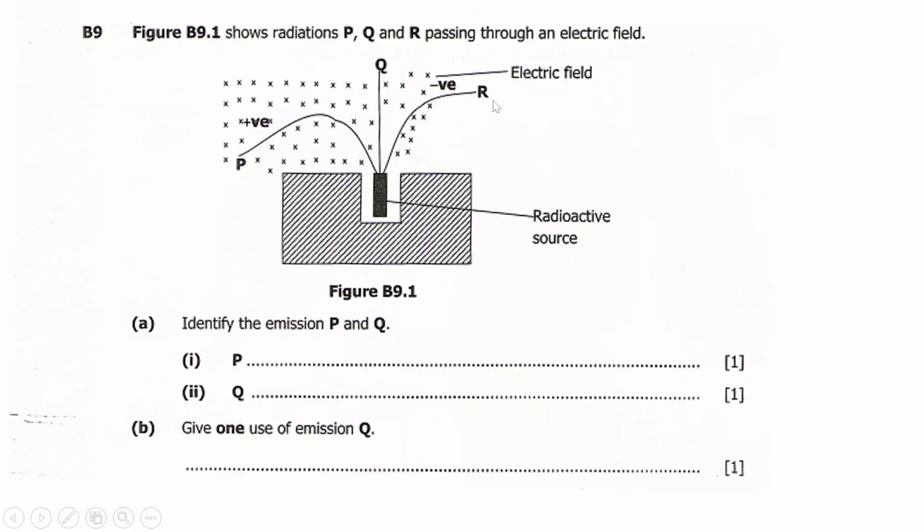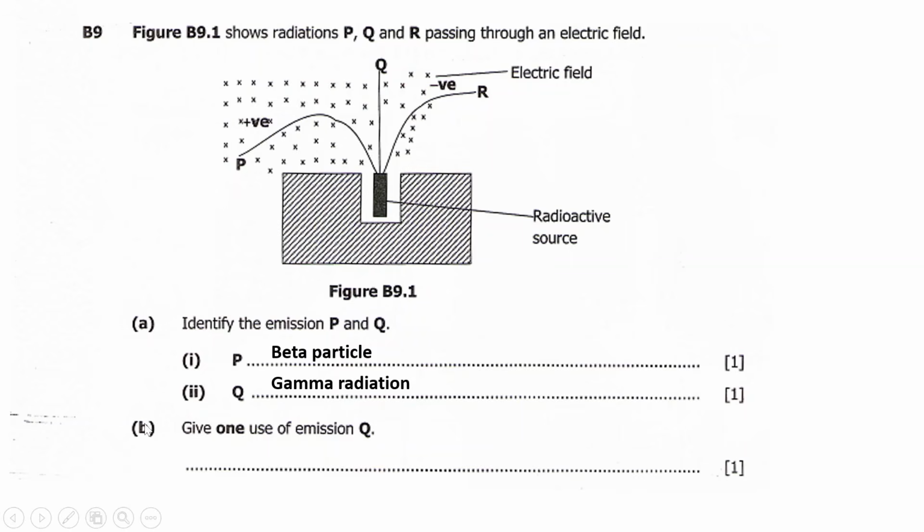So R is alpha, Q is gamma, and P is beta. So when A says identify the emission P and Q, we are going to say that P is beta particle, and Q is gamma radiation.